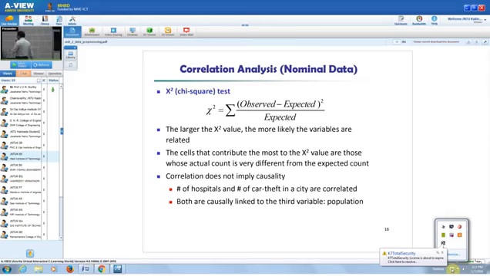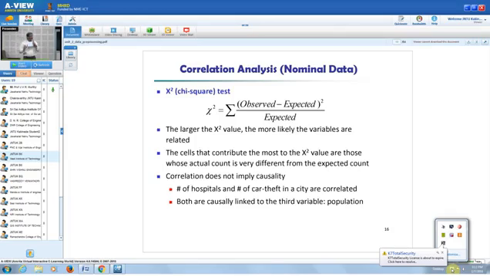So that means you are having some expectation depending on the number of elements. How you will calculate the expected value, I'll tell you. And you have the actual observed value. So the observed value minus expected value whole square by expected value gives a figure, which is considered to be the chi-square value.